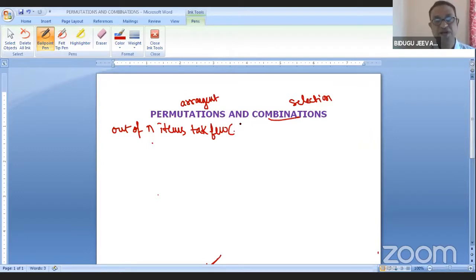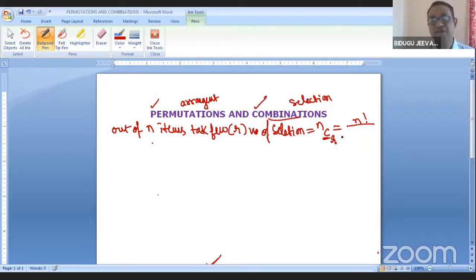Few means small r. Number of selections, I'm talking about combinations, is equal to NCR. C stands for combination, P stands for permutation. What is the rule for NCR? N factorial by R factorial into N minus R factorial.